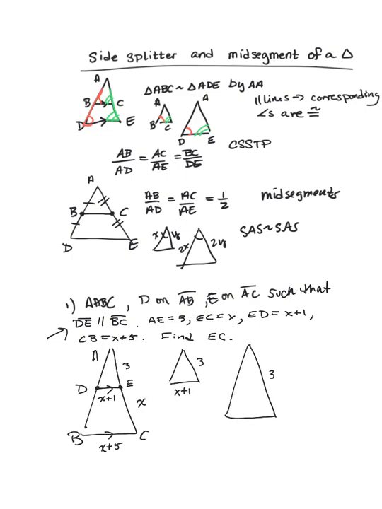In the larger triangle, this would be 3 plus x, because that would be the length all the way from A to C. Okay, so now we can make a proportion, because in similar triangles, the corresponding sides of those similar triangles are in proportion, right? Okay, so I have 3 over 3 plus x equals x plus 1 over x plus 5. So I get 3 times x plus 5 is 3 plus x times x plus 1.